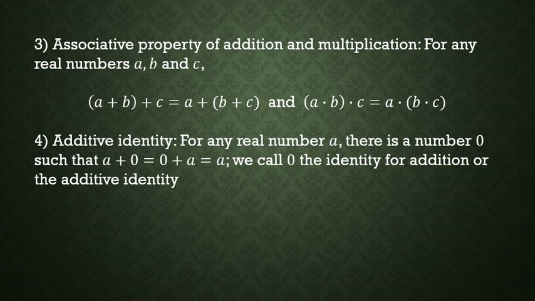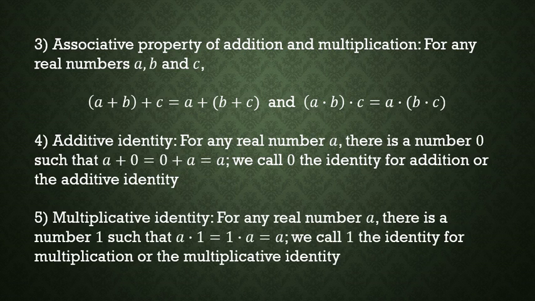We call 0 the identity for addition or the additive identity. And we have a multiplicative identity, such that if you take any number and multiply it by this multiplicative identity, you'll get that same number back. Obviously, this number is 1. We call 1 the identity for multiplication or the multiplicative identity. And we see that a times 1 equals 1 times a, which is a.